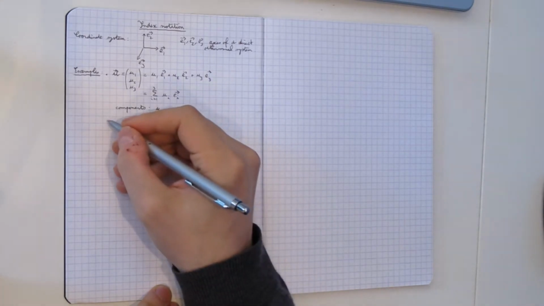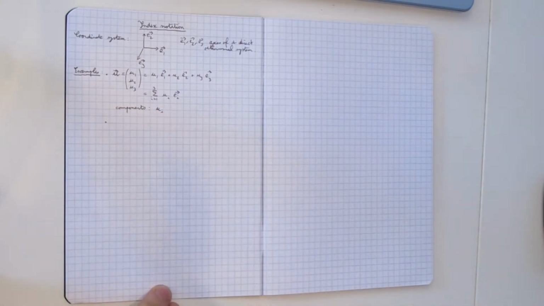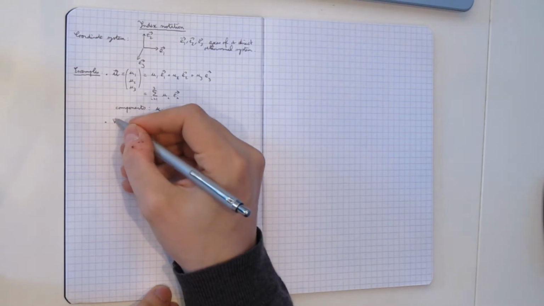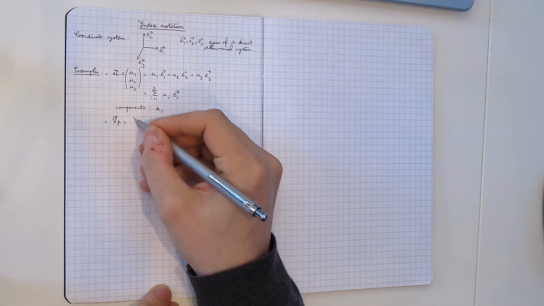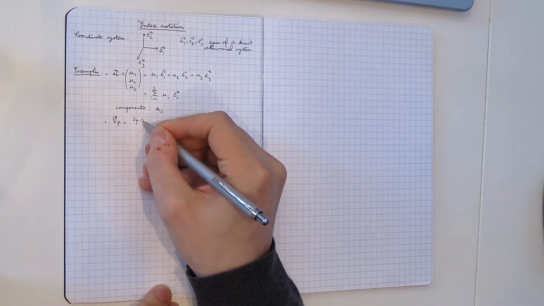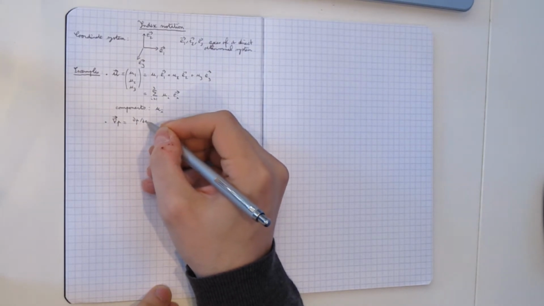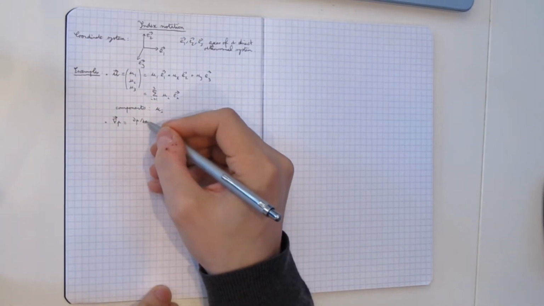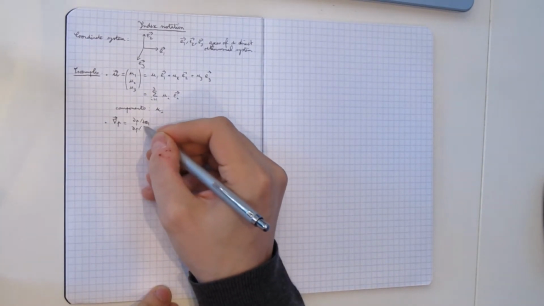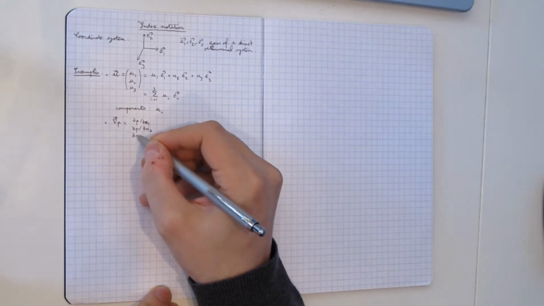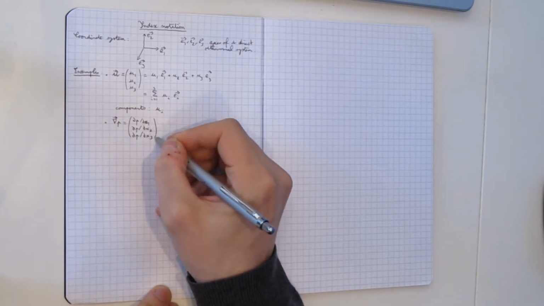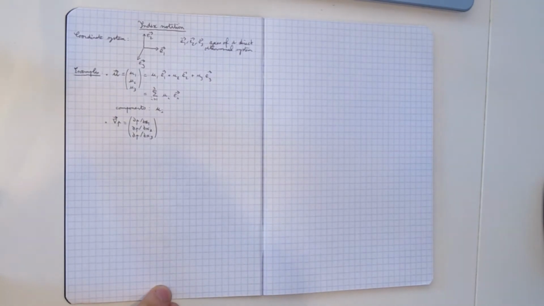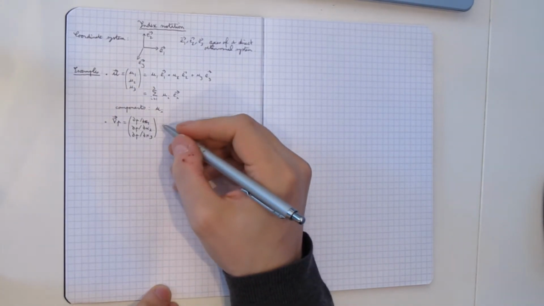Another quantity that we can look at would be, for instance, in the context of fluid dynamics, the gradient of pressure. And so the gradient of pressure will take the form dP by dx1, dP by dx2, and then dP by dx3, where x1, x2, and x3 are the coordinates in the e1, e2, and e3 directions.